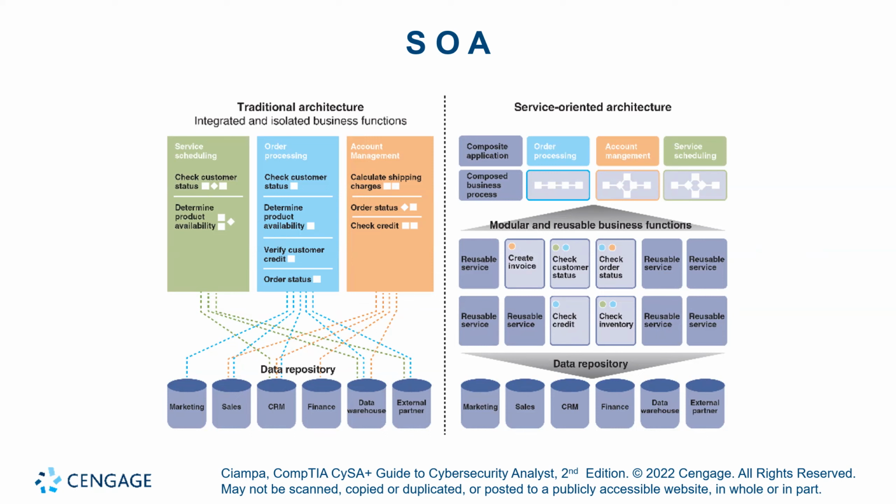And as you can see, it just kind of goes all over the place to the different data repositories. When you use the service-oriented architecture, you have everything put out in blocks so that it's a little bit easier to find what you're looking for.